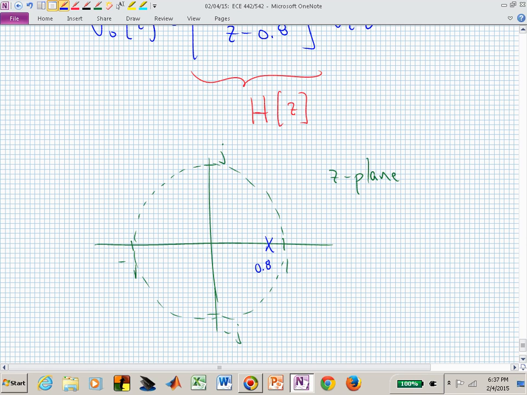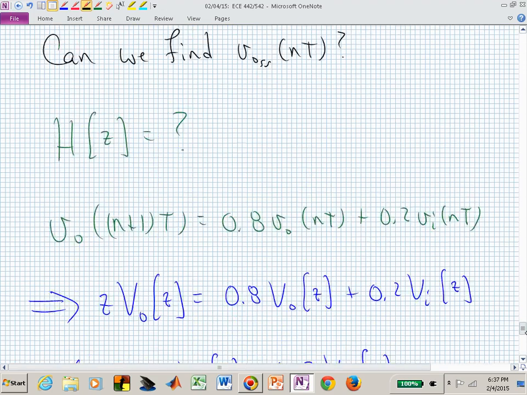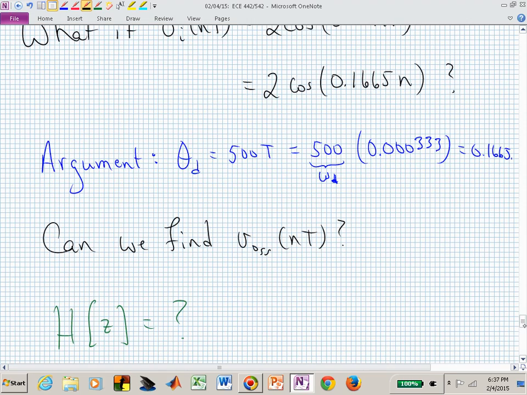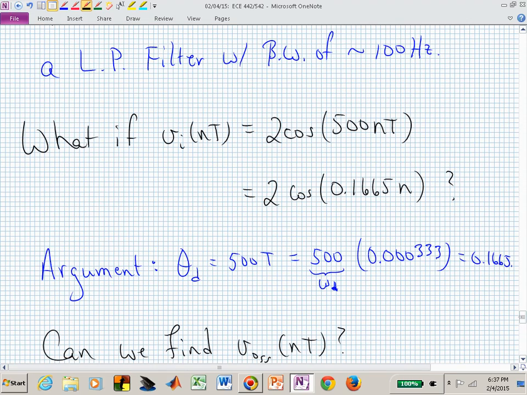Now what we want is to find the point on the unit circle that corresponds to this sinusoid, 2 cosine of 0.1665n. If we just look at the cosine part, don't worry about the 2, the angle theta sub d is 0.1665.